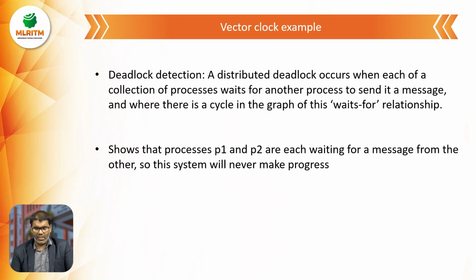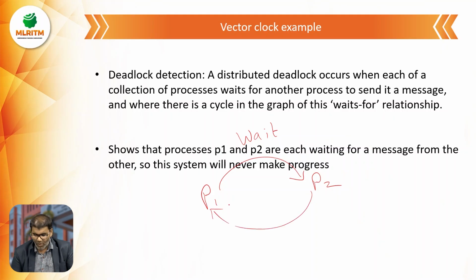Next one, deadlock detection. A distributed deadlock occurs when each of a collection of processes waits for another process to send a message, and there is a cycle in the graph of the wait-for relationship. So deadlock occurs when process P1 is sending the message to process P2, where waiting happens, and process P2 is sending the message to process P1, where waiting also happens.